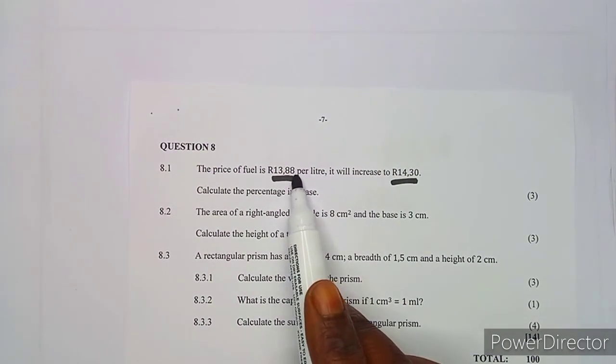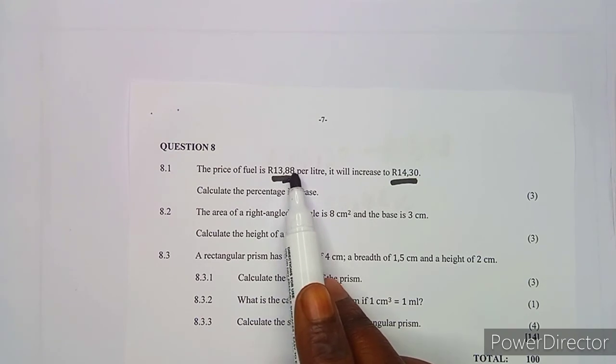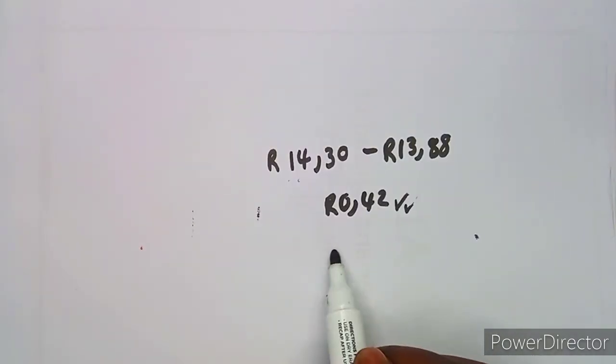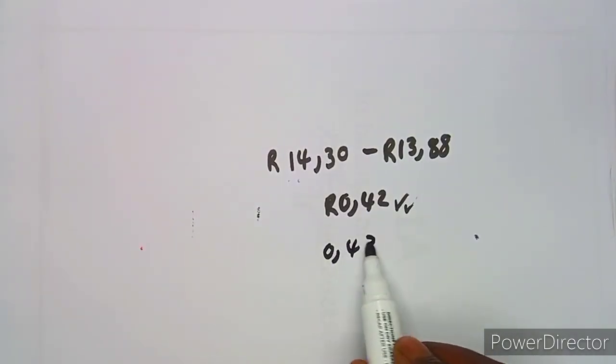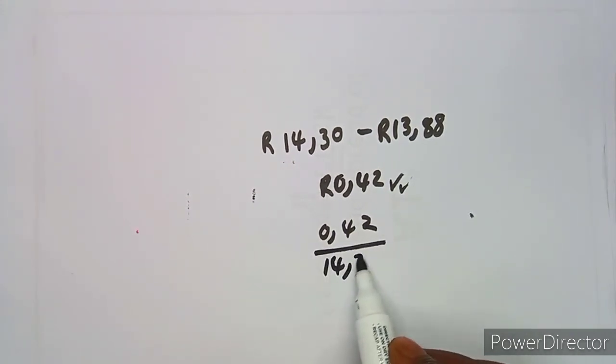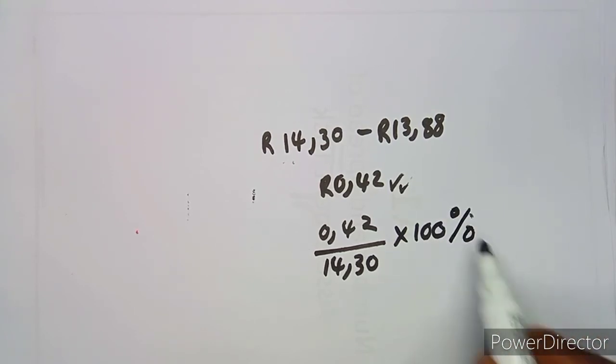So initially, when it was at this price, it was 100% at this amount here. So we are going to have 0.42 over the initial, which is 13.88, times 100%, so that we can see by what percentage that increase.